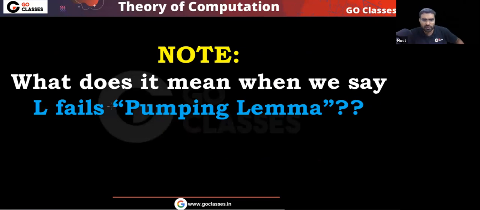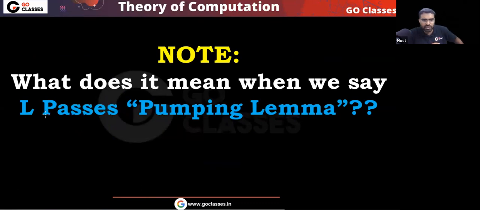You tell me this point. What does it mean when we say L fails the pumping lemma? A language is failing the pumping lemma, what does it mean? Before we look at this, you tell me what it means when I say L passes the pumping lemma.